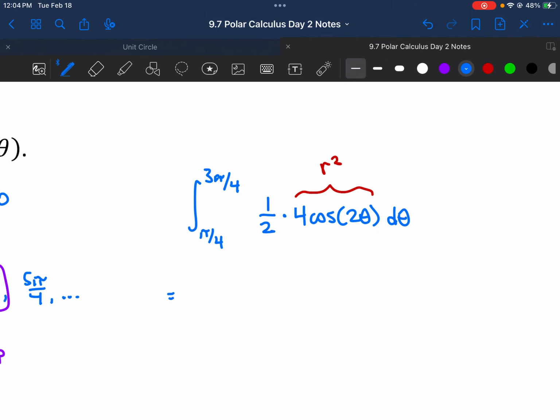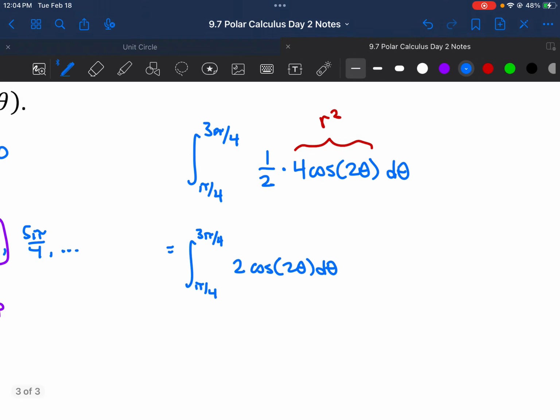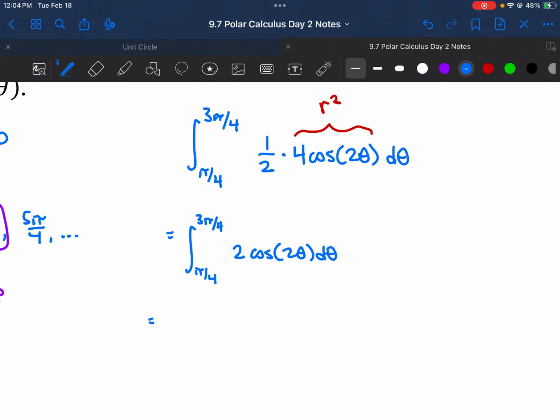All right, simplifying this, pi over 4 to 3 pi over 4. 1/2 times 4 is 2. We get 2 cosine 2 theta d theta. Take the antiderivative of 2 cosine 2 theta.